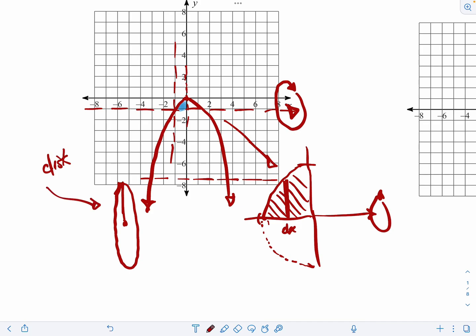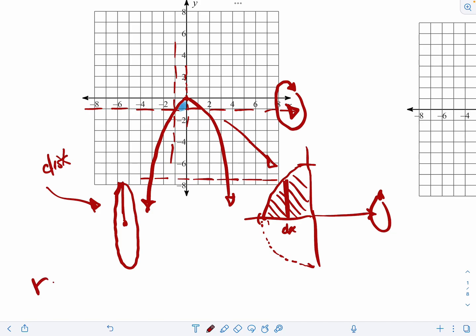Even though that represents just one tiny sliver, there's going to be an infinite number of those disks stacked around, but that general disk allows us to think about what the radius is.